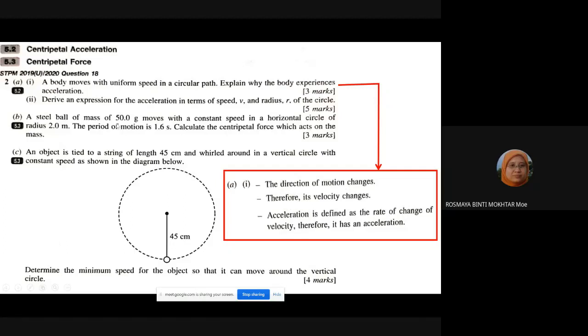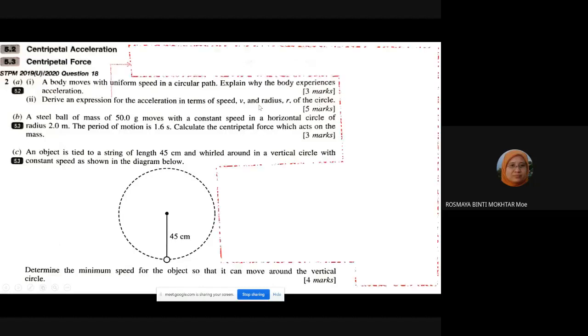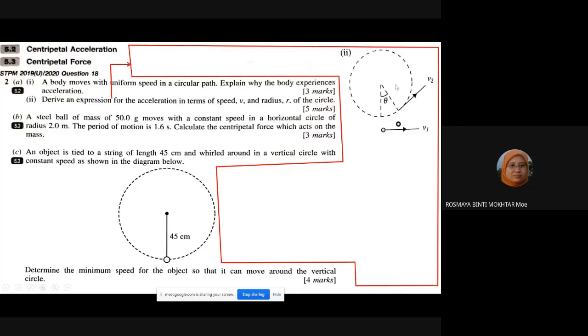Okay, next we go to the A2 question. We are going to derive an expression for the acceleration in terms of speed v and radius r of the circle. So to derive the expression, we start with the circle, from initial position to final position.